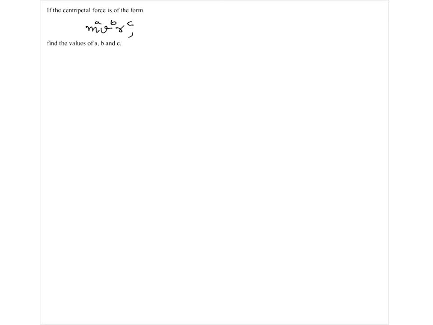Where m is the mass of the object which is moved in the circle, v is the speed of the object which is moved in the circle, r is the radius of the circle. Now you can proceed.